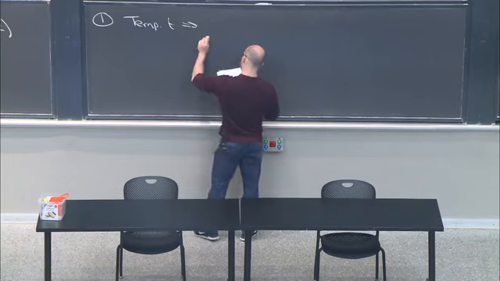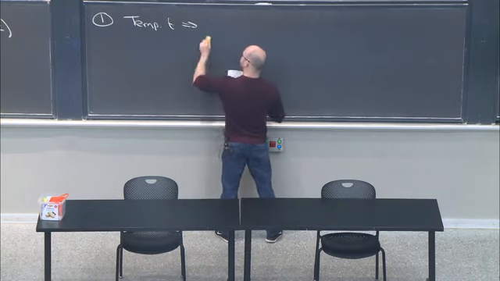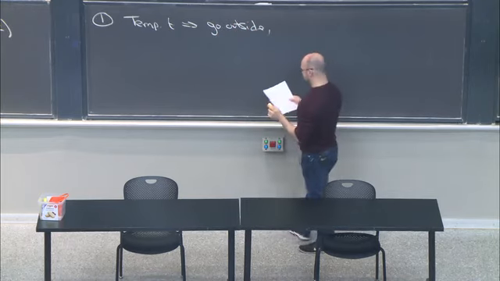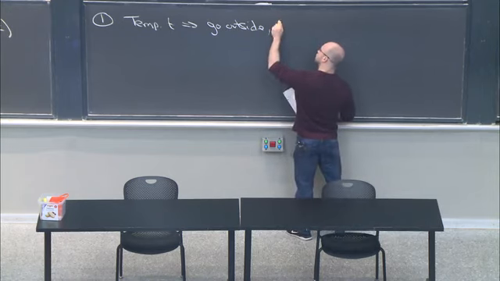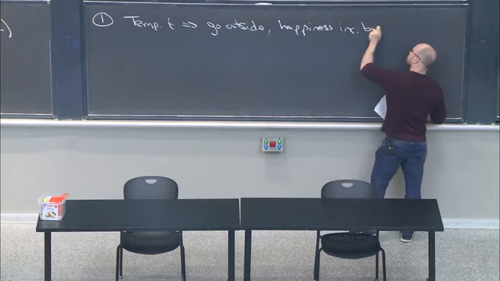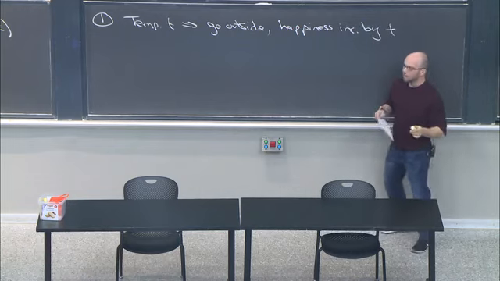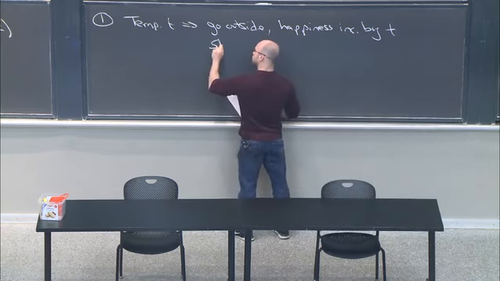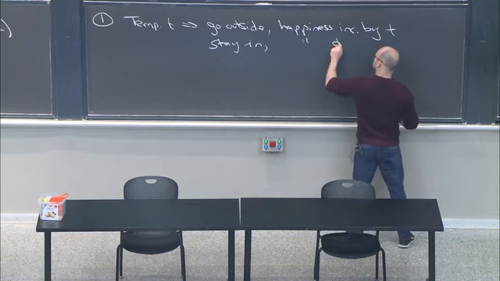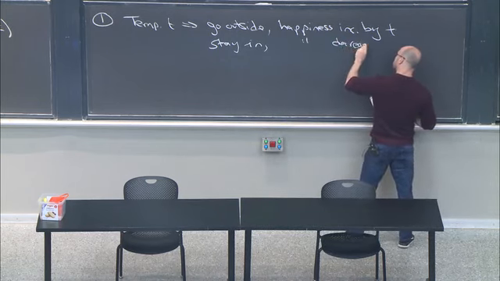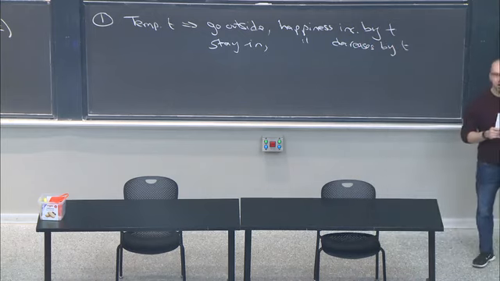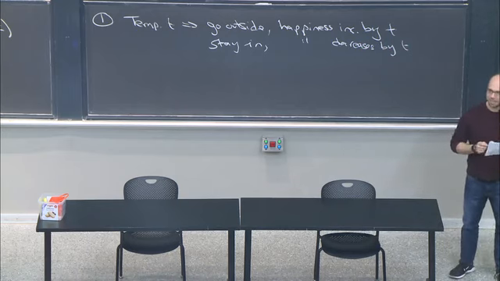In particular, he can either go outside, in which case the happiness increases by T, or he can stay inside, in which case his happiness decreases by T.